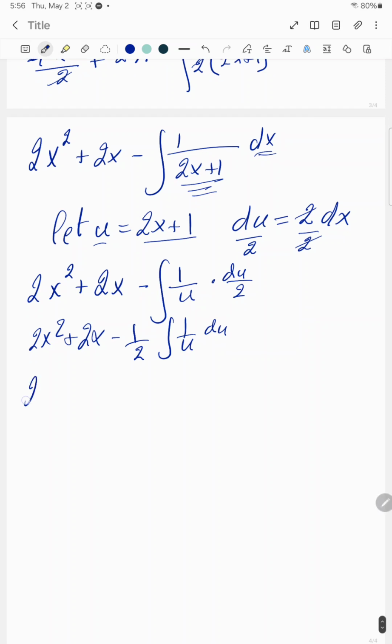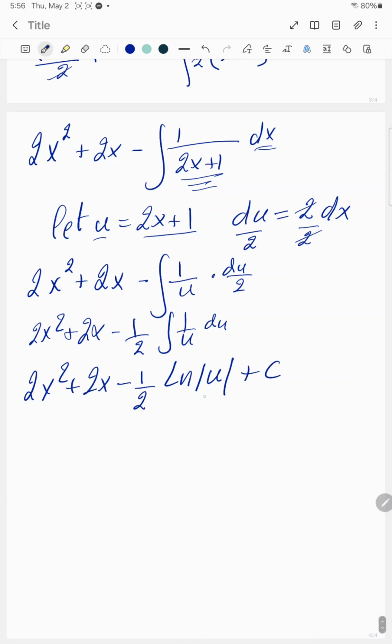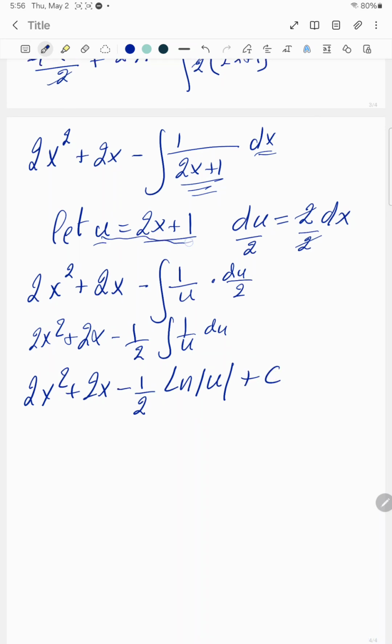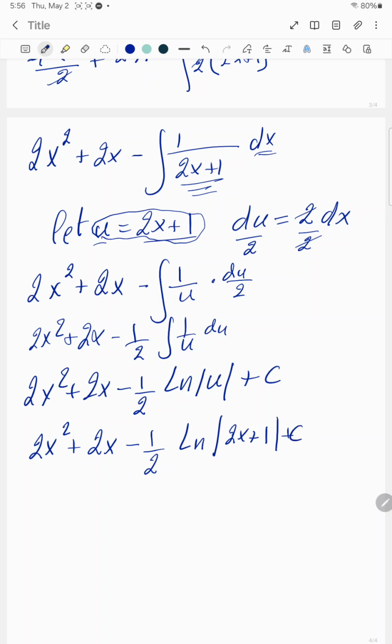So this will be equal to 2x squared plus 2x minus 1 over 2 ln of u plus c. And now I have to put u back to its value. My u is equal to 2x plus 1. So it is 2x squared plus 2x minus 1 over 2 ln of 2x plus 1 plus c.